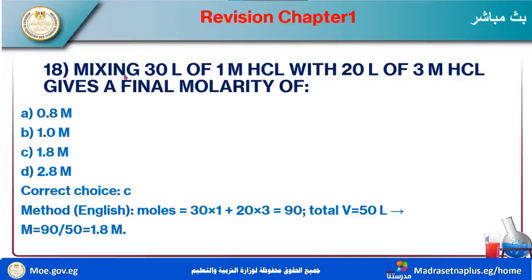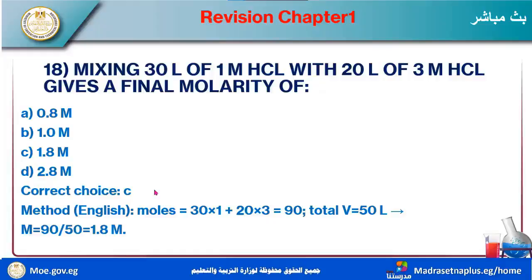Now we have 50 liters and 90 moles. Another way, you divide 90 moles by 50. Now you know the final concentration is 1.8 molar.